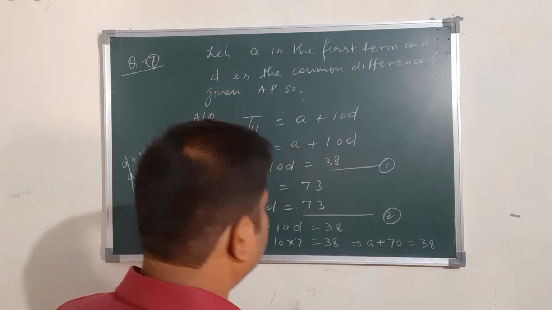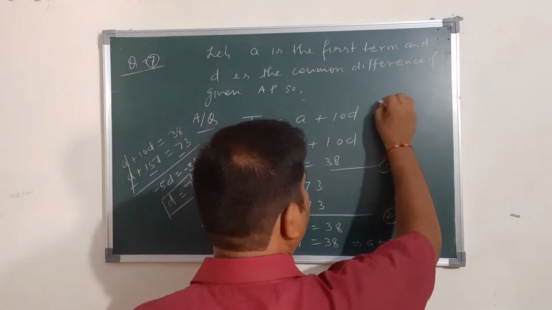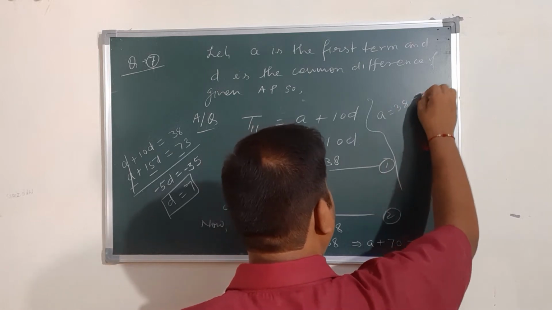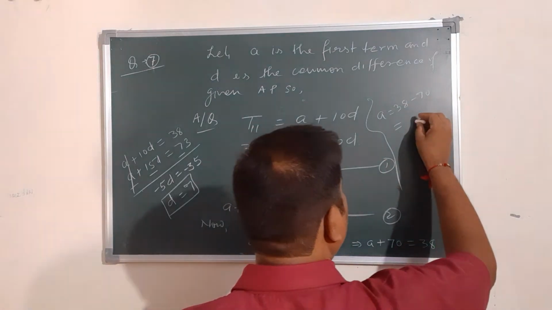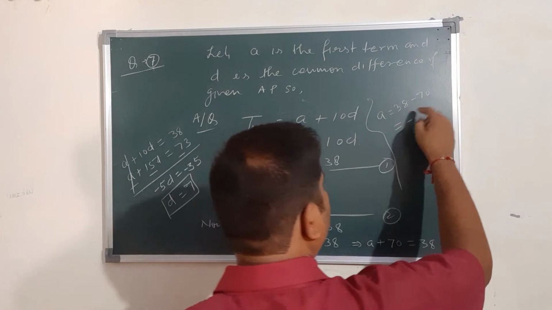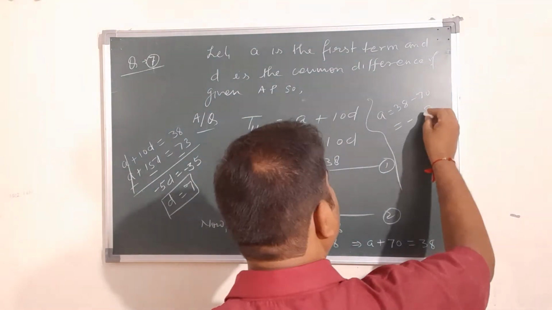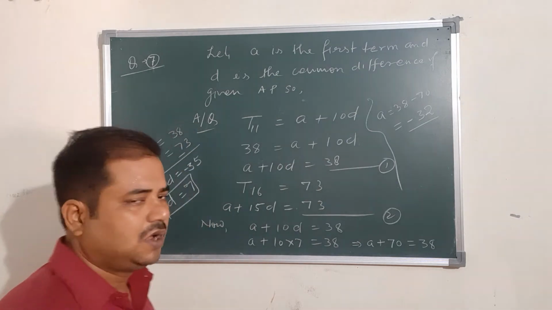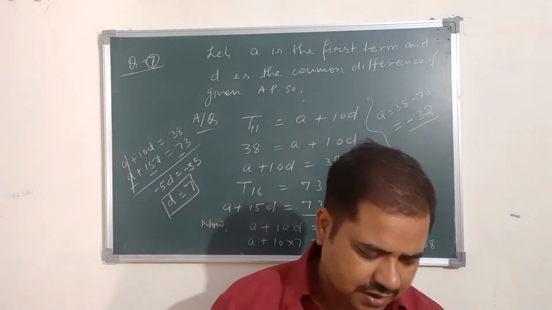So A is equal to 38 minus 70, which is minus 32. So the first term is minus 32 and common difference D is 7.